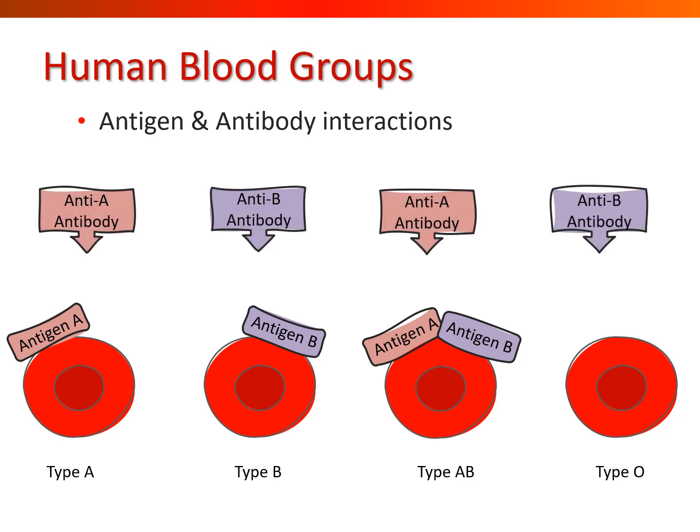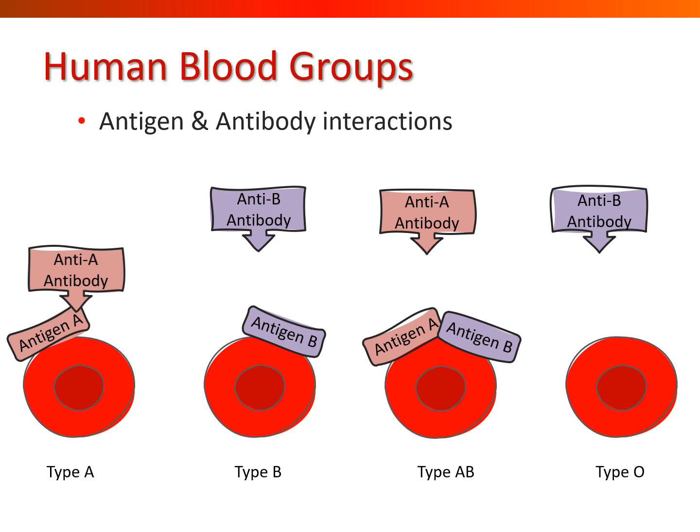Now, if we were to have these antibodies floating around, an anti-A antibody and an anti-B antibody, if we were to expose blood type A to an anti-A antibody, that would create an agglutination reaction. So that anti-A antibody is going to latch onto that antigen A and create that agglutination reaction.